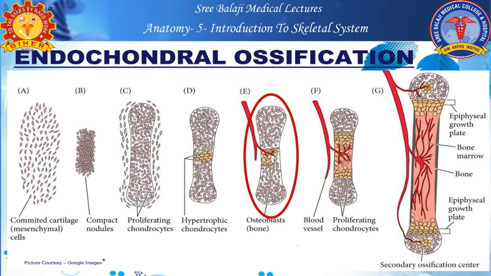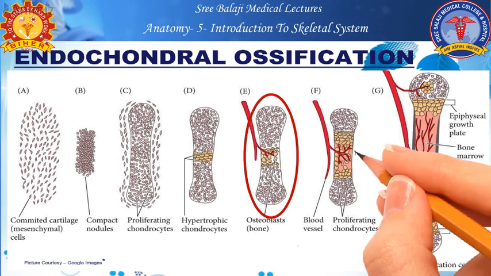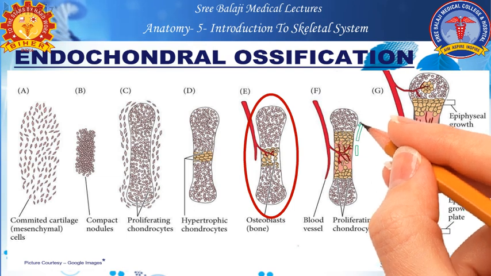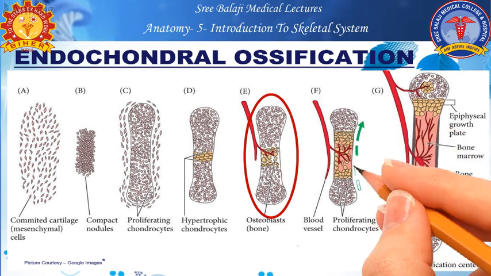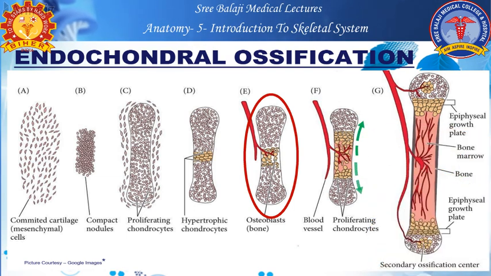This point is called a primary center of the bone. This is formed in the intrauterine life itself. From this point, ossification continues towards the periphery of the bone, even after birth.